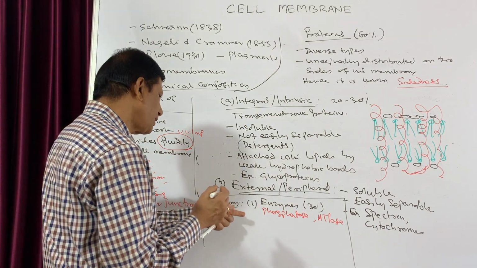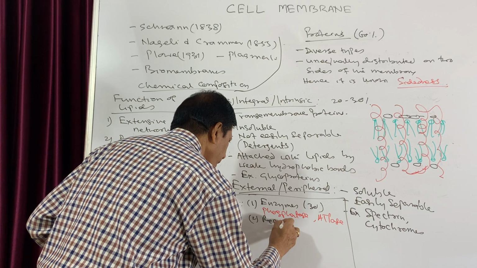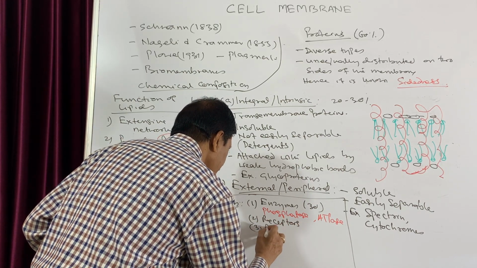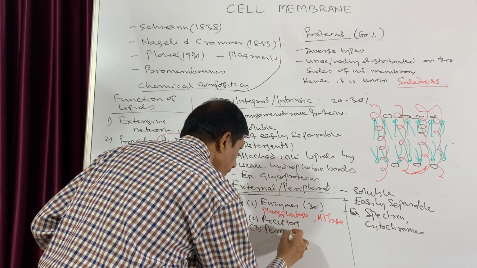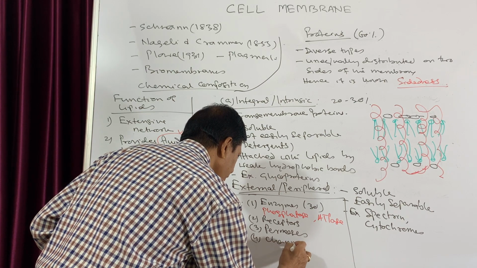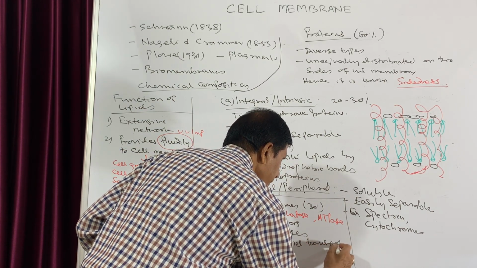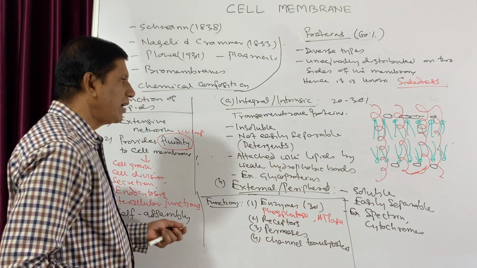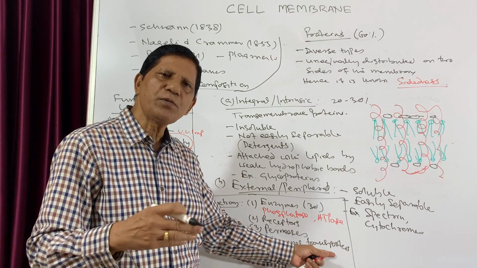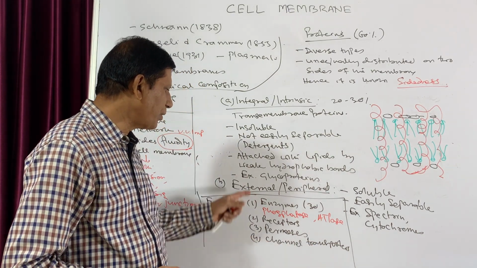So in addition to the enzymes, they may act as receptors, they may act as permeases, then some are channel transporters, which transport different types of ions, electrolytes, and all these things. So these are the important functions.